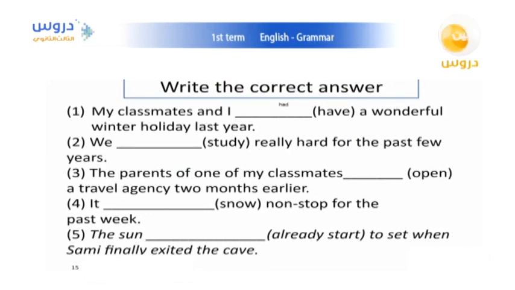We had been studying really hard for the past few years. We can say here, using the past perfect progressive, we had been. Third one, the parents of one of my classmates had opened a travel agency 2 months earlier.